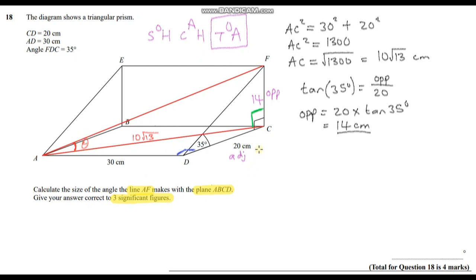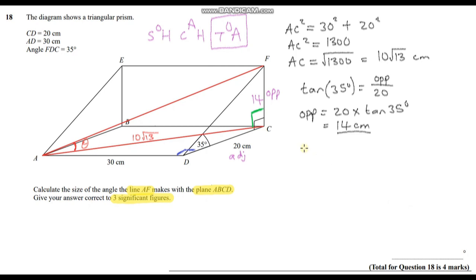So first of all, which trig function are we going to use? Well, from the perspective of this angle, this is still our opposite side length, and this is our adjacent side length. So we're still going to use TOA. We're getting quite used to using our tan function now.